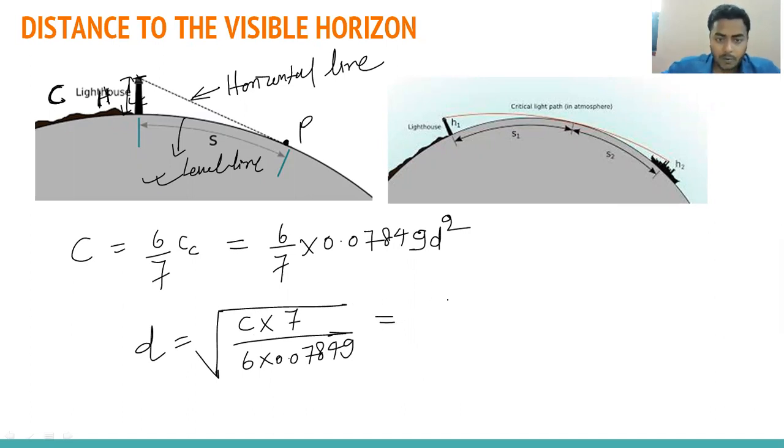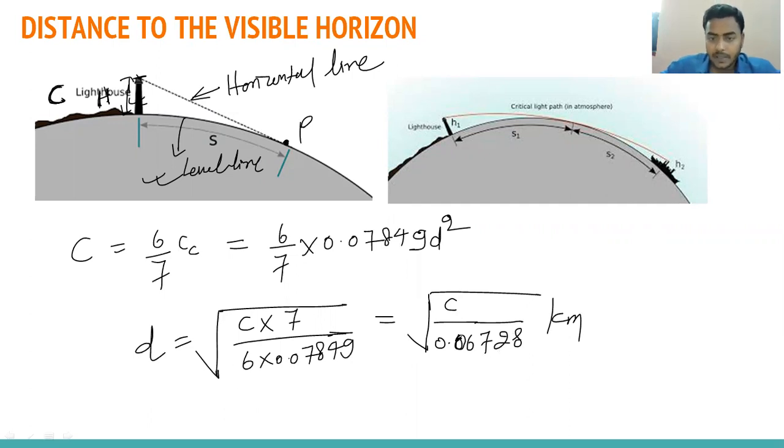You can get this value c divided by 0.0672 kilometer, where d is in kilometer and c is in meters.